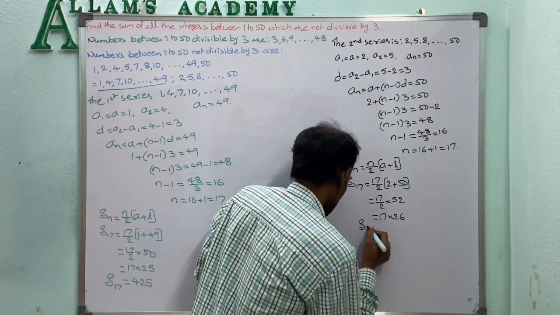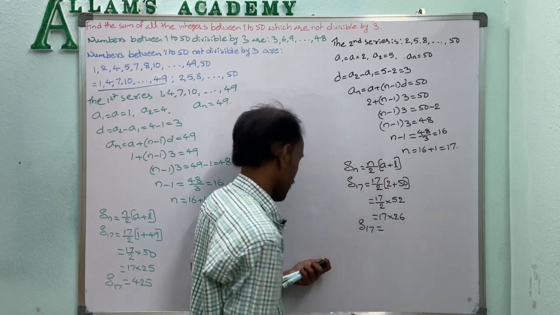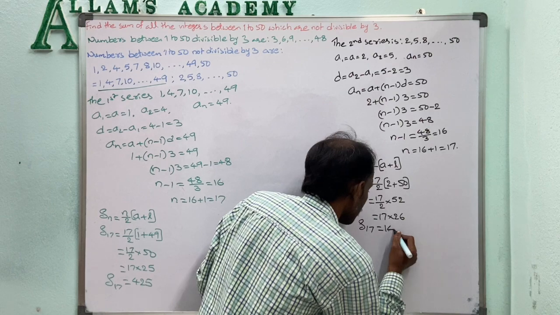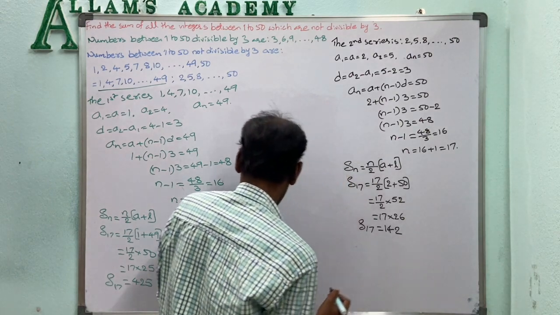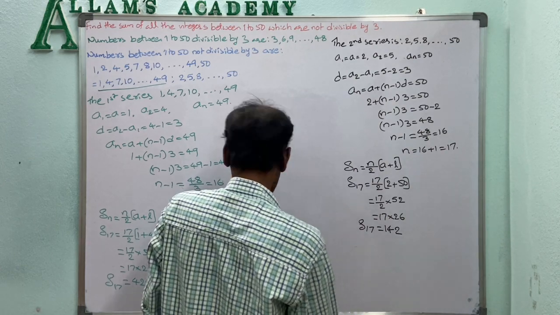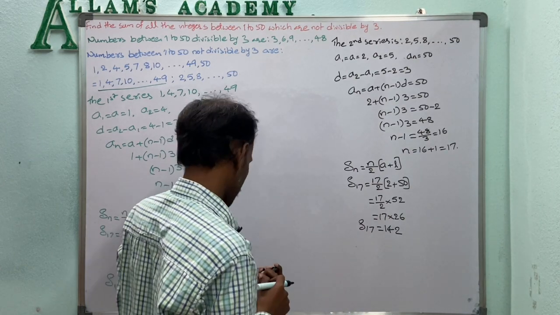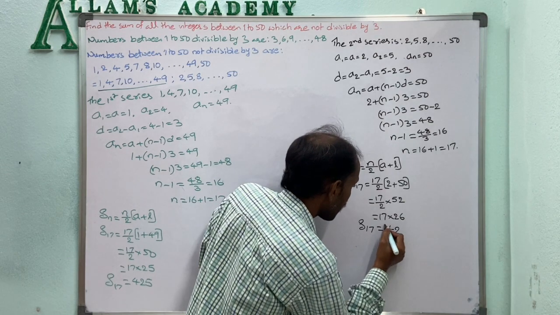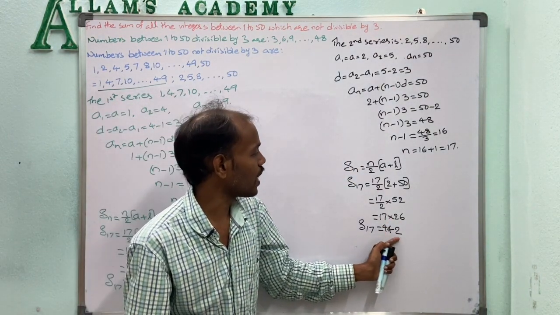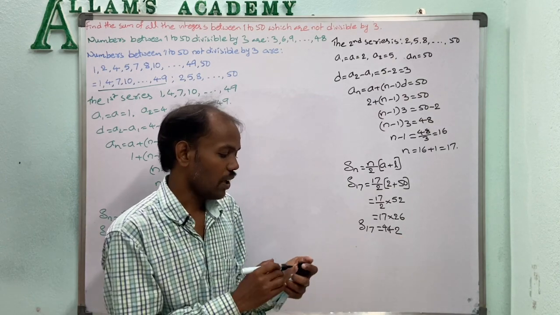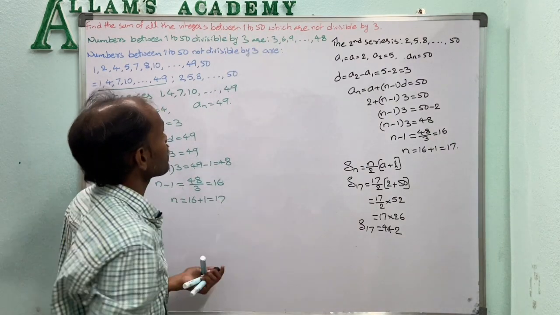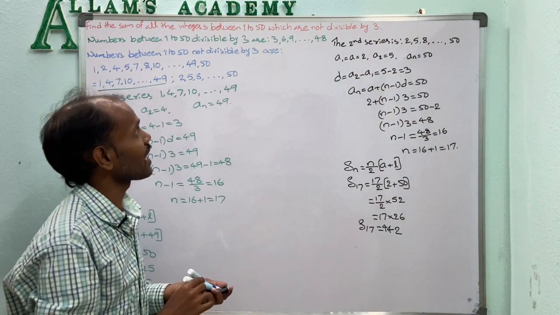Now 17 into 26 is nothing but 442, not 142.